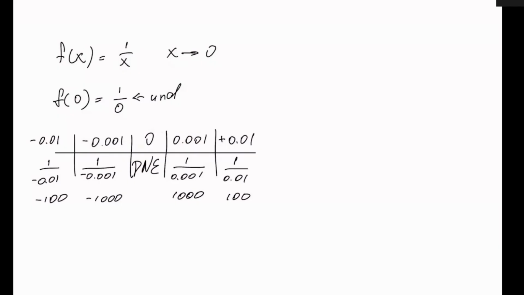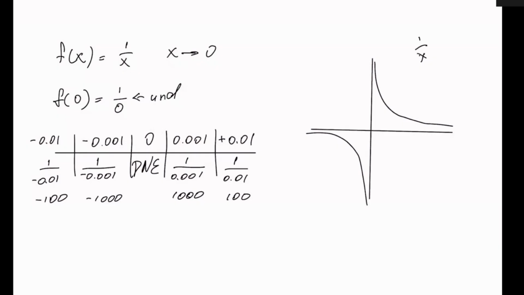Now, let's look at this example graphically, and that would be the second method that we will look at, finding limits using the graph. The graph of 1 over x, I'll roughly sketch it, is something like this. So this is my 1 over x graph. I am interested in what happens as x approaches 0 from the left side and from the right side.